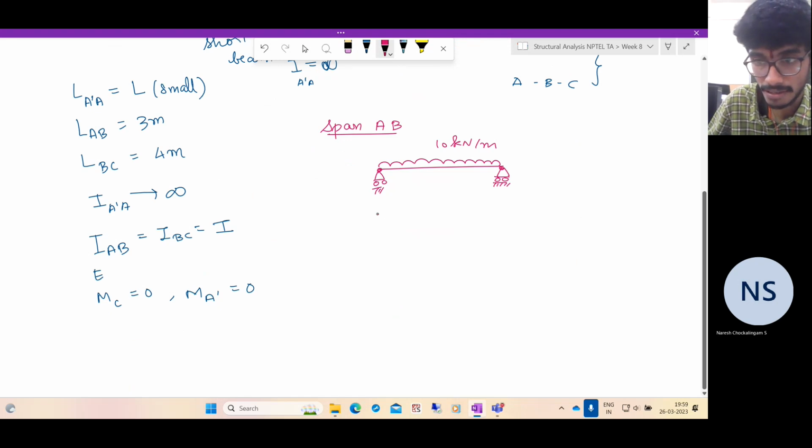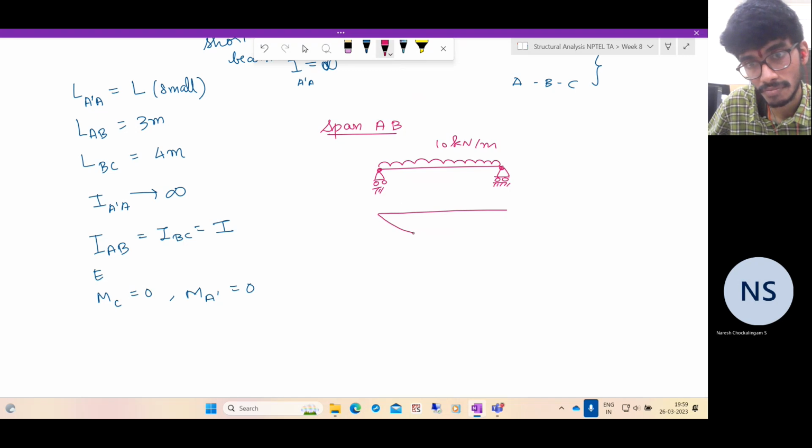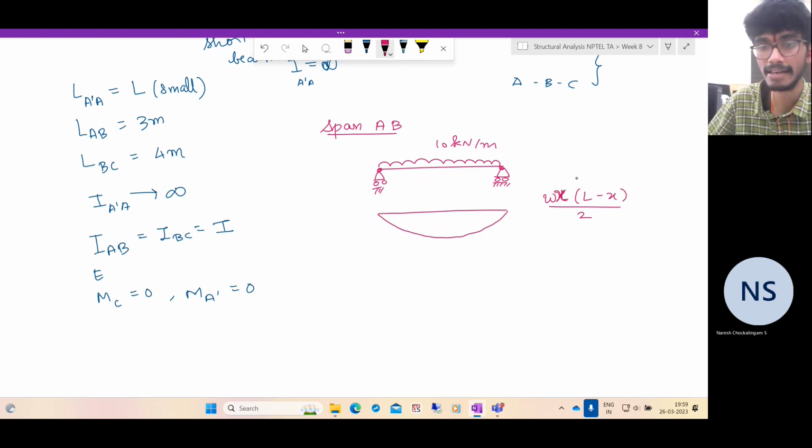It is quadratic, given by W x into L minus x by 2. This is the bending moment diagram. The maximum occurs at the middle.